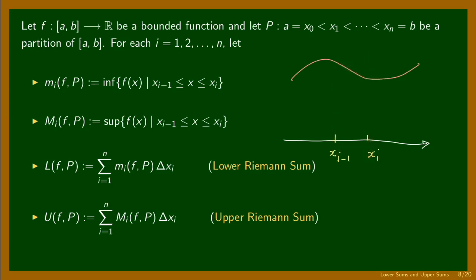Okay? So, for example, in this case, dahil continuous naman yung function, kung saan nakaka-reach yung function ng pinakamababang value, doon nagaganap yung little mi. In fact, yung height na ito, for example, dito sa interval na ito, yung m sub i. Kasi sa interval na ito yung pinakamaliit na value ng f.